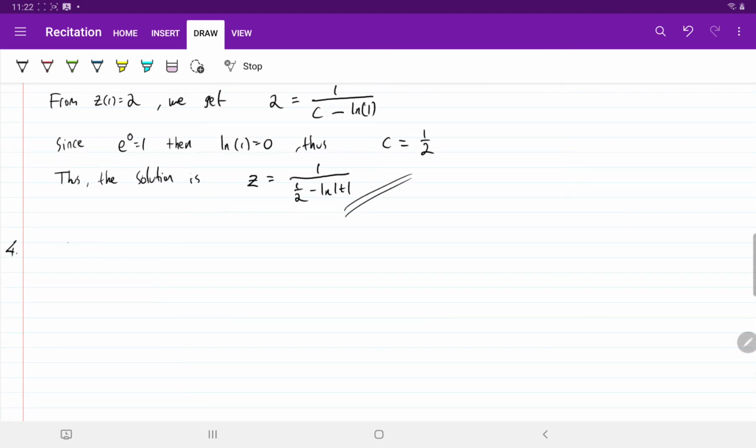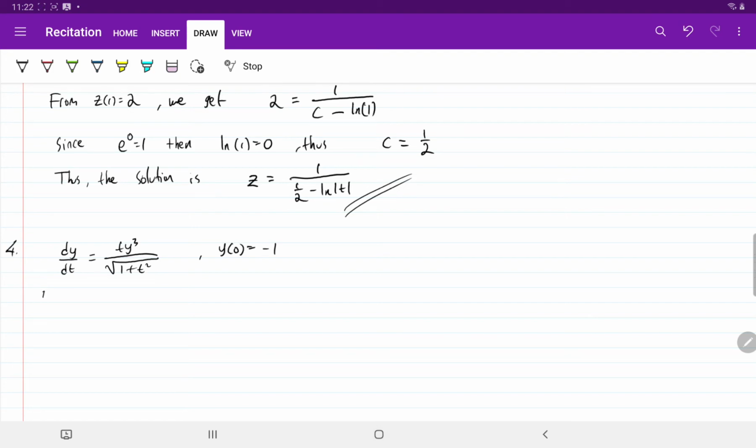So we have dy over dt equals ty cube over square root 1 plus t square with initial condition y0 equals -1.